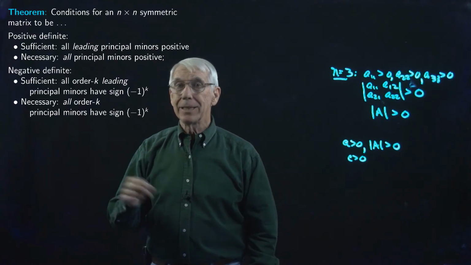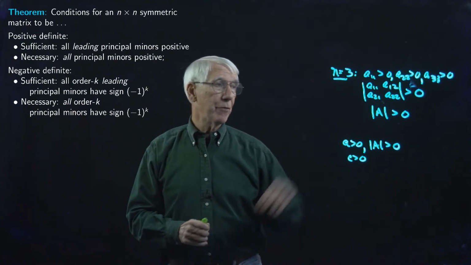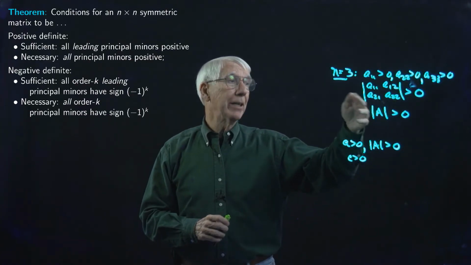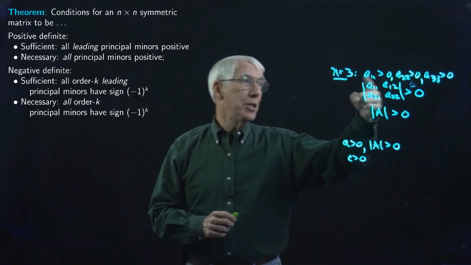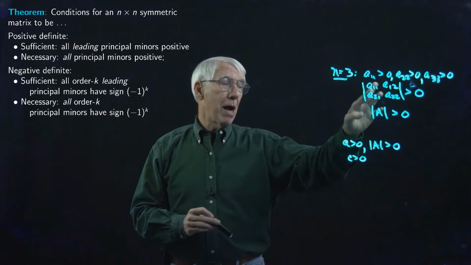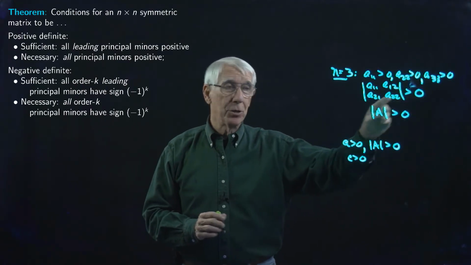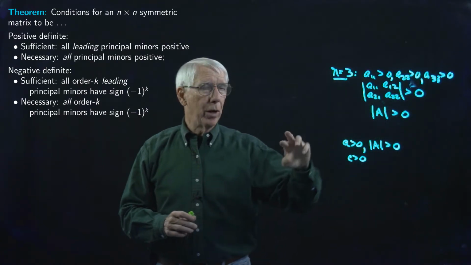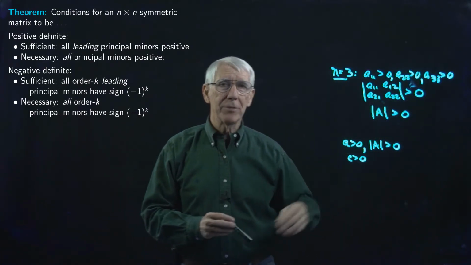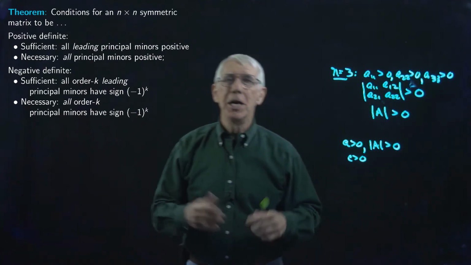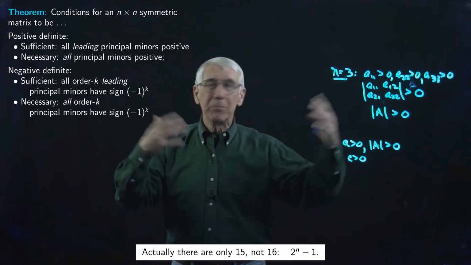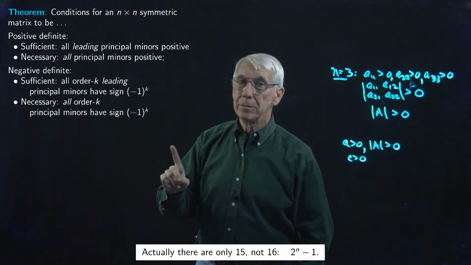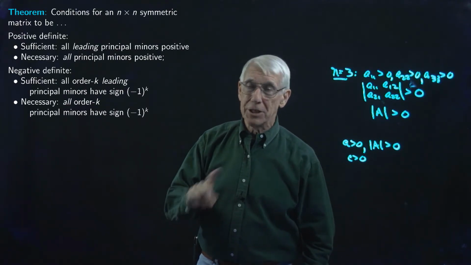But in fact, if we do have something that's positive definite, all the principal minors have to be positive, and there's a bunch of them, of course. There's these 4, there's 6 2 by 2s, there's 4 3 by 3s, and there's this one. So that's 1, 4, 6, and 4. That's 15. Okay, there's 15 principal minors, and they're all positive if the quadratic form is positive definite.